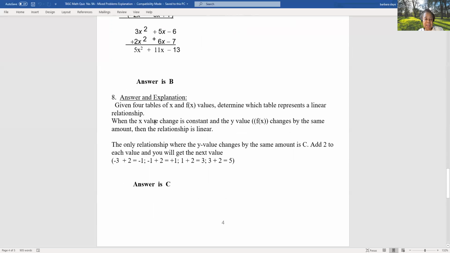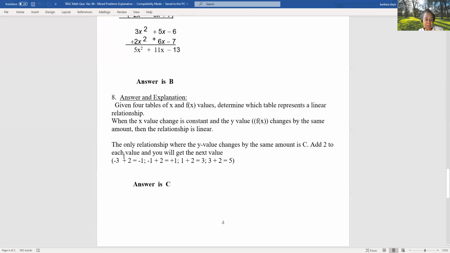Now when the x value changes by a constant amount, and the y value changes by the same amount, then the relationship is linear. So if you look at the tables, the only relationship where the y value changes by the same amount is C.